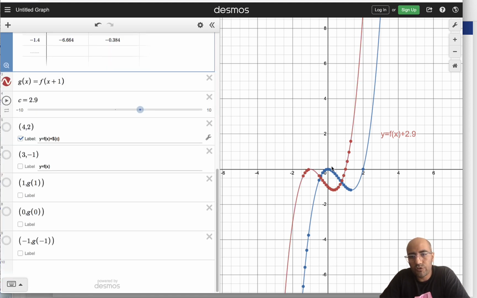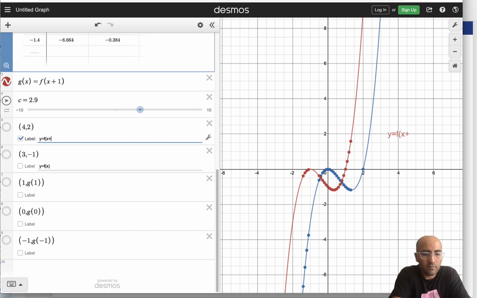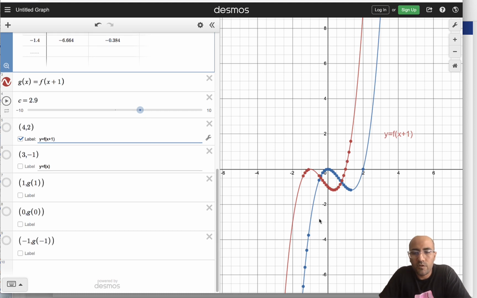Good. So the original function was this one, and why is this labeled? So this is going to be f of x plus 1. There. The original function in blue is f of x, and then plus 1 is this one. It's been shifted. Now, a little counterintuitive, you would think it's shifted to the right because it's plus 1, but really it's been shifted to the left by 1 unit.